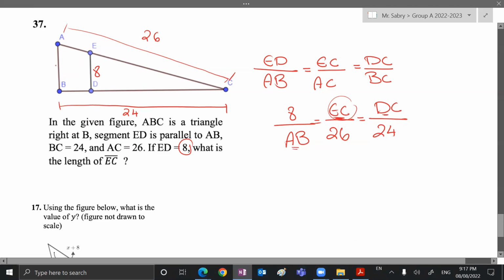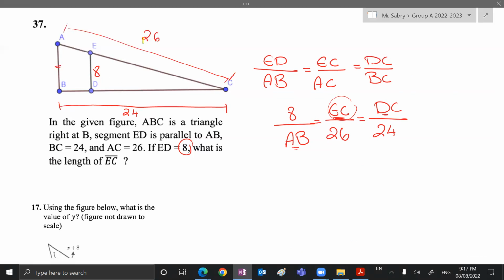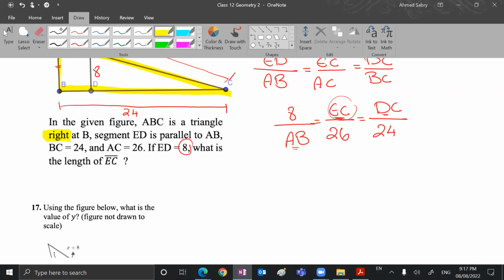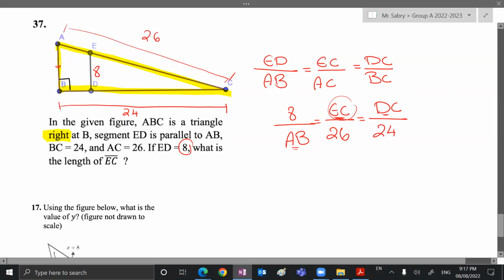So I'll think maybe I can get AB. Why? Because when you look at the big triangle, which is A, B, C, this one, they told me in the question itself that it's a right triangle, which means that this is 90 degrees. If this is 90 degrees and I have the hypotenuse of 26 and one leg of 24, how can I get the measure of this one?